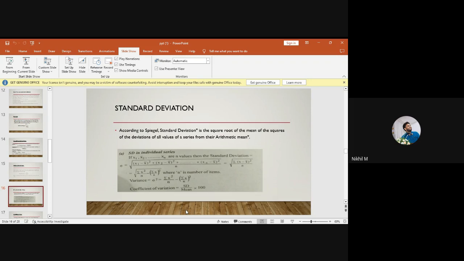The coefficient of variation is calculated as standard deviation divided by mean into 100. Standard deviation, once again, is the root of sigma x square divided by n minus (sigma x divided by n) whole square. For discrete and continuous series, it is multiplied by frequency.